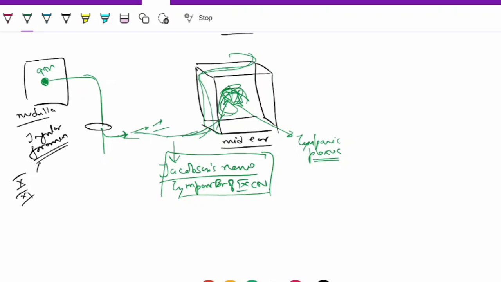At the same time, it forms a plexus, and this plexus also gives off a branch which exits like this. Now if you remember, we talked about the mandibular nerve coming out like this. We talked about a small ganglion near the mandibular nerve.